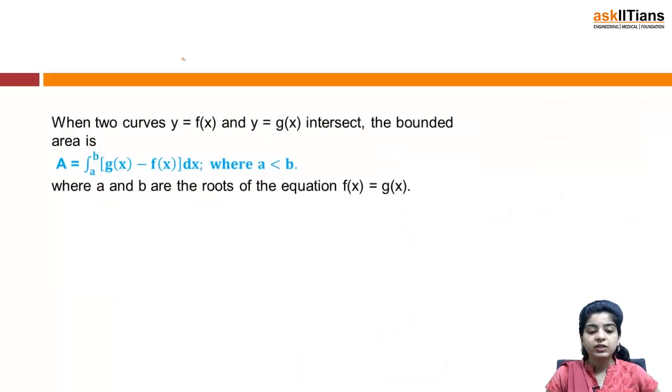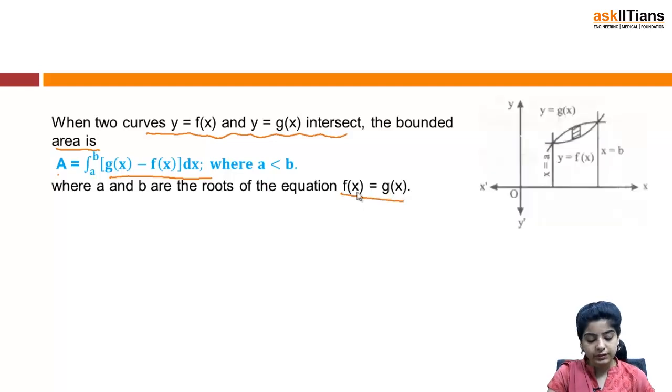Next thing that we have is when two curves y equal to f(x) and y equal to g(x) intersect, the bounded area is A equal to the integral from a to b of g(x) minus f(x) dx, where a is less than b and a and b are the roots of the equation f(x) equal to g(x). Now see, suppose we have two curves, y equal to g(x) and y equal to f(x), and they are intersecting.